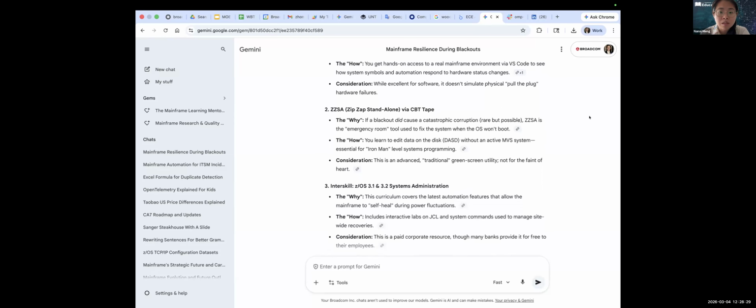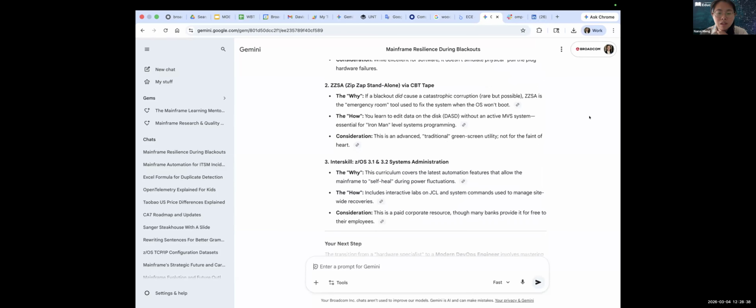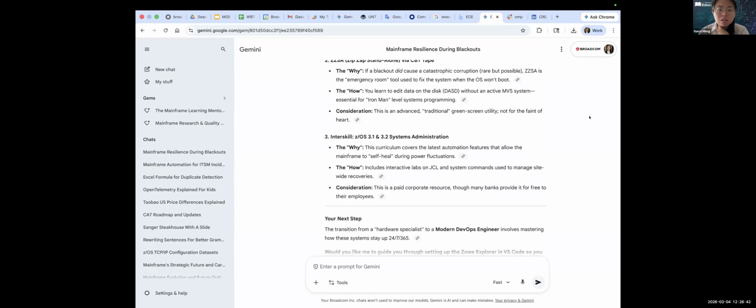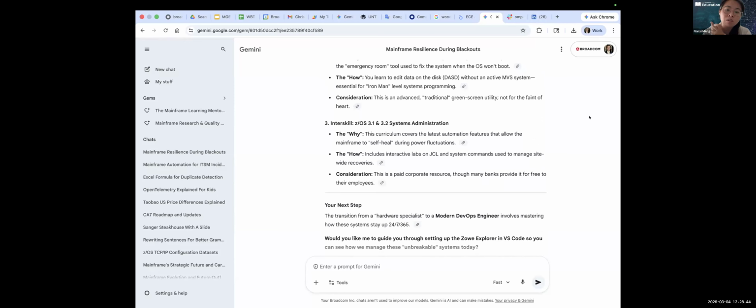Then the zZSA, zip-zap standard alone via CPT tape. CPT tape is one of the OMP projects, defined as open source, so that's also pulled in as a learning resource. Interskill z/OS 3.1 and 3.2 is also recommended, along with systems administration.